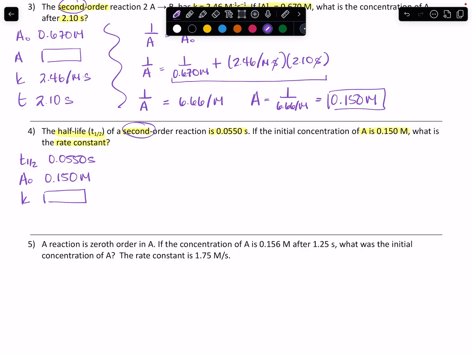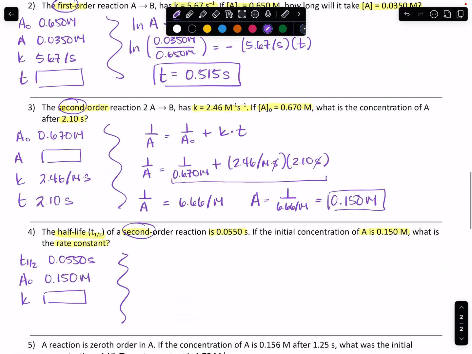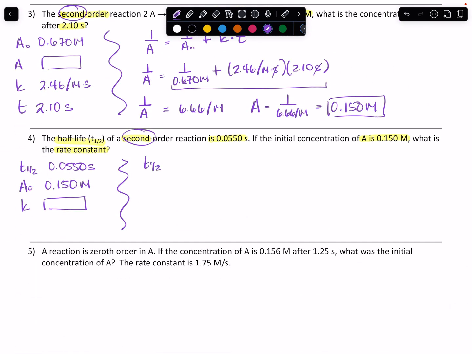So we have to think about what we need to do here. Personally, I would use my half-life formula for this second order reaction. T1/2 for a second order reaction is equal to 1 over K times the initial concentration. So everything we need is in here. I might do a little rearranging, so K is equal to 1 over T1/2 times that initial concentration, just to make the math easier.